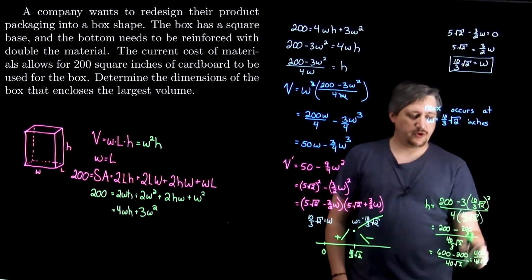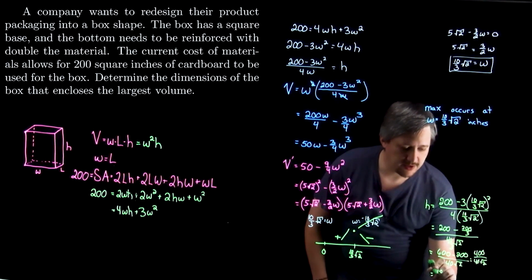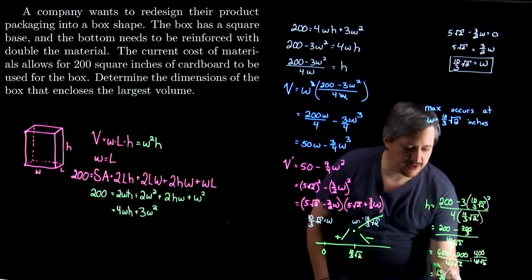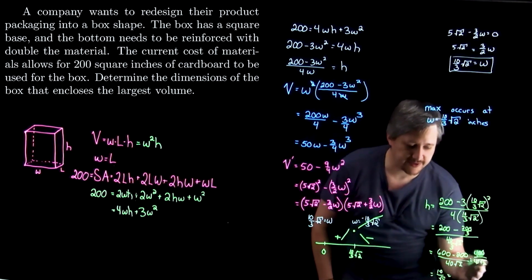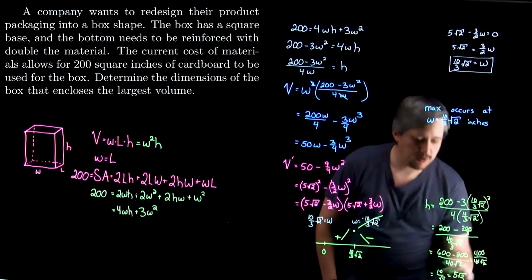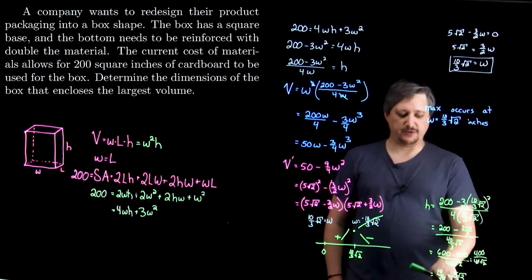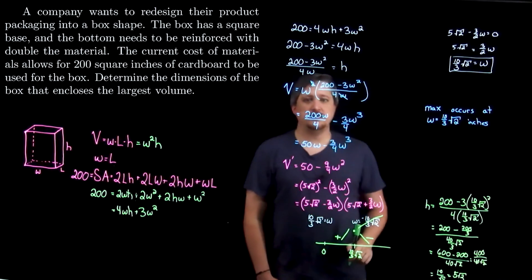And that's good news because the 400 and the 40 cancel down to a 10 on top. So this is going to get me 10 over root 2, or if you like, you can rationalize the denominator, not that you need to, which will get you 5 root 2. Because you'd have a root 2 on the top and bottom, which would get you 2 on the bottom, and that would cancel down to 5.